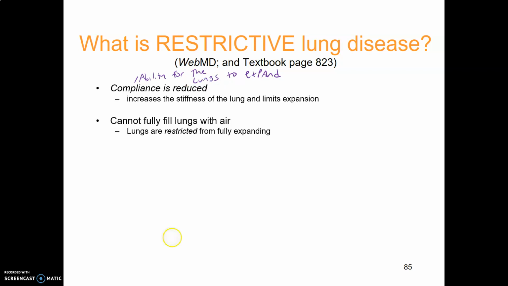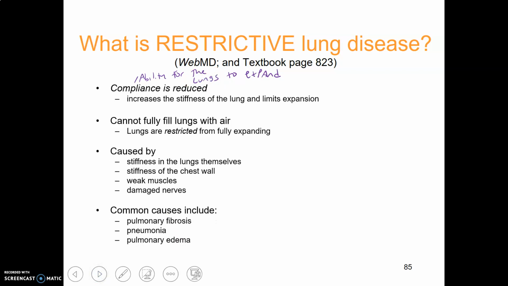If the lungs can't fully fill with air, they don't expand, right? There's lots of different causes. So one, stiffness in the lungs themselves. That could be a result of scar tissue, could be fibrosis, right? Stiffness in the chest wall could be scarring. Lots of different reasons there.